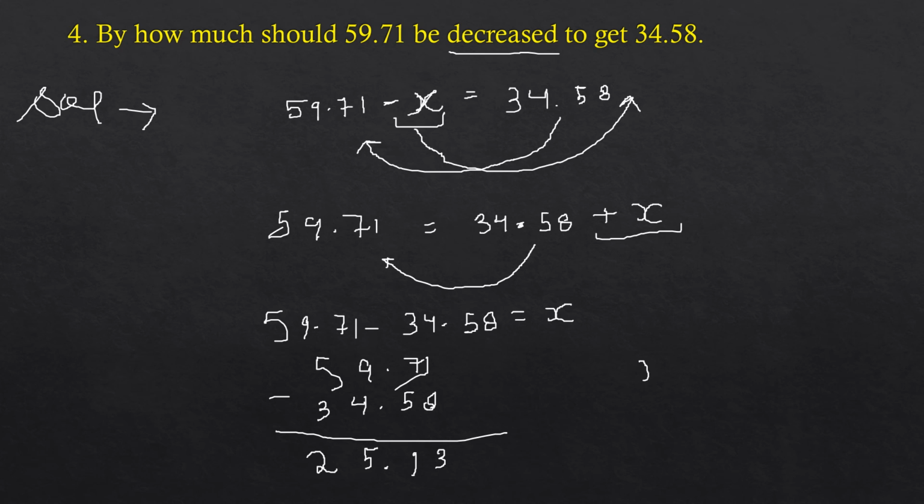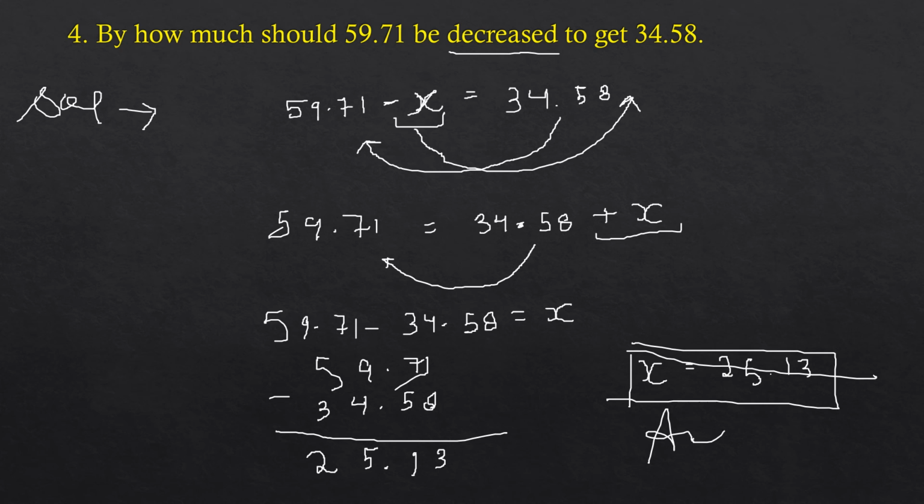Now what should be the value of x? x should have the value 25.13, meaning 25.13 should be decreased from 59.71 to get 34.58. So this is the answer for this question, 25.13. This is how we solve these types of word problems.